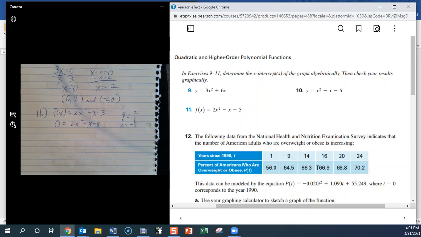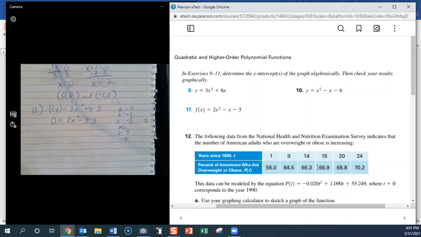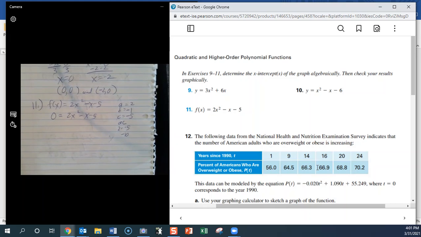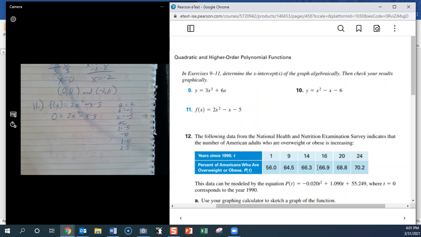So now, since they want us to do it algebraically, we have to multiply a times c. So it'd be 2 times -5, which is -10. So now we will find all of the factors of -10. So we'll do 1 and 10 and 2 and 5. First, we would do the positive values.